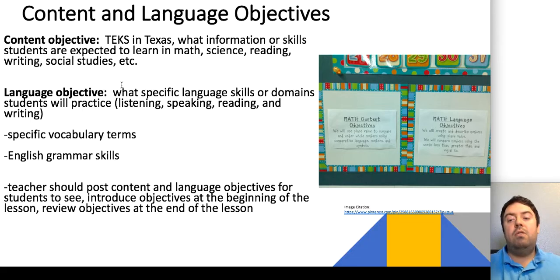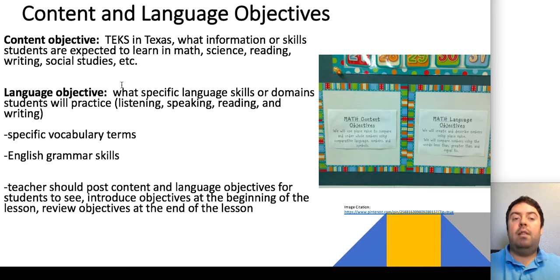Ideally, students are using all four language domains throughout the lesson. That way, they're fully developing their English skills. Another aspect of language objectives could also be what academic vocabulary you're going to teach your students and what academic vocabulary they will use throughout the lesson.